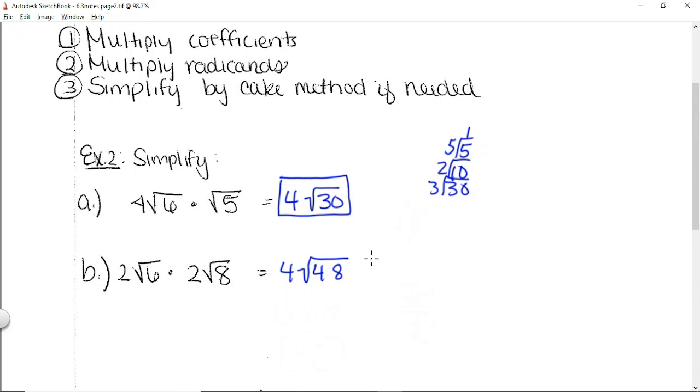Okay, so we have to simplify the 48 using the cake, or simplify the radical. So let's look at that. Okay, we use 2. We get 24. 2. See, I'm going to try to write this a little bit neater.